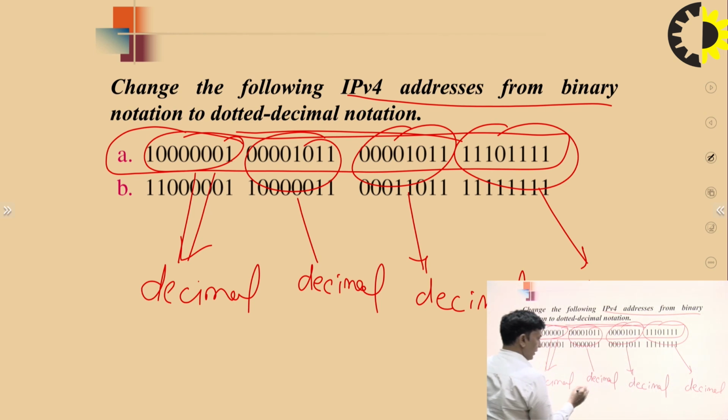Between these decimals there is a dot: dot, dot, dot. This is the dotted decimal notation.